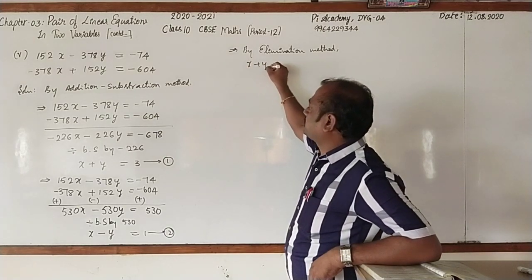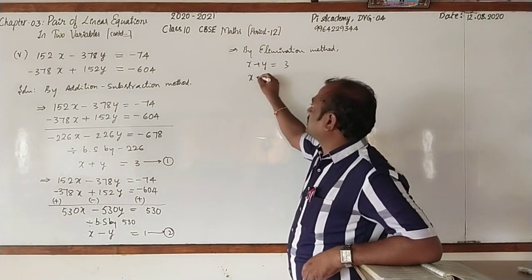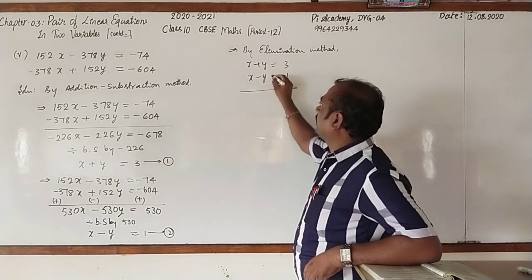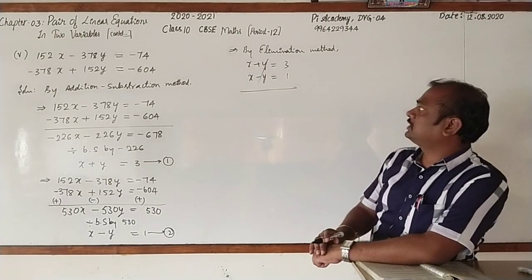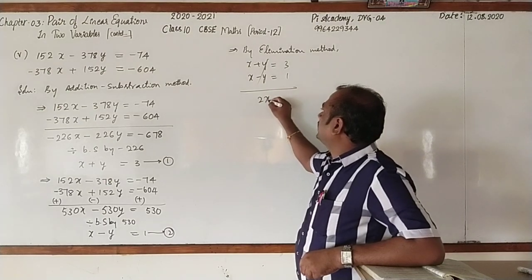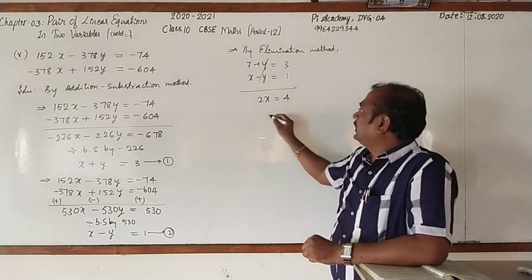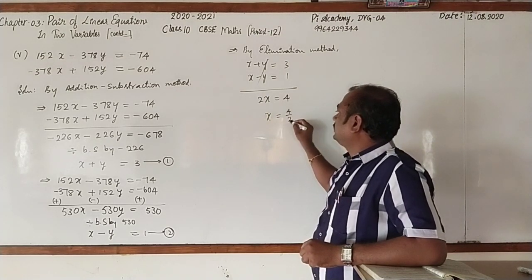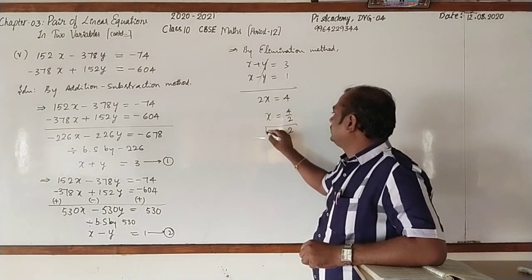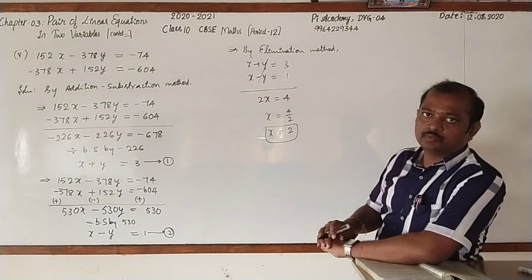First equation: x plus y equal to 3. Second equation: x minus y is equal to 1. Plus y and minus y get cancelled. Then x plus x, 2x is equal to 3 plus 1, which is 4. Then x is equal to 4 by 2, so x equals 2.